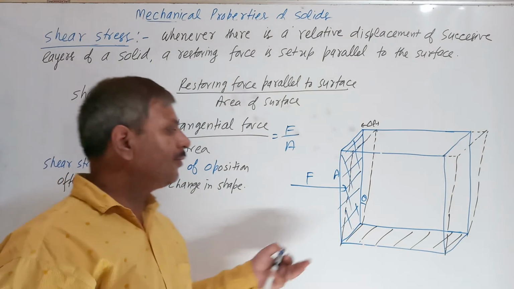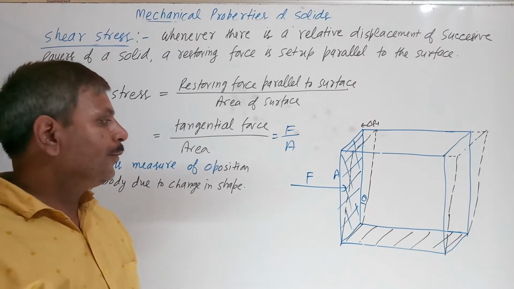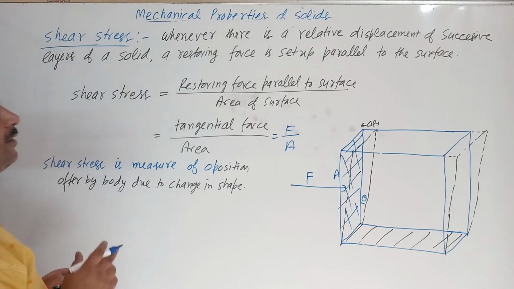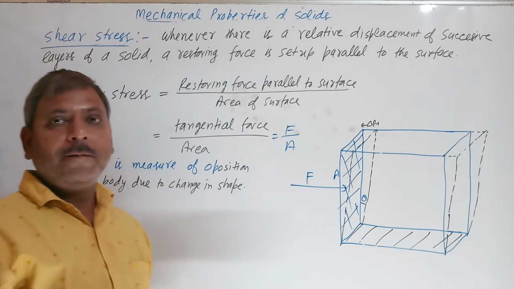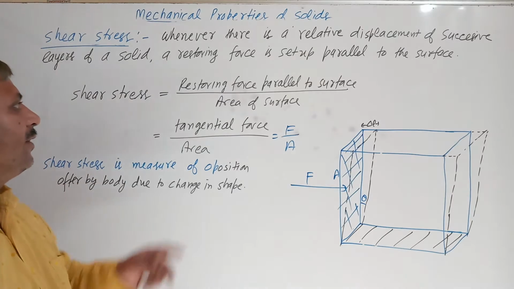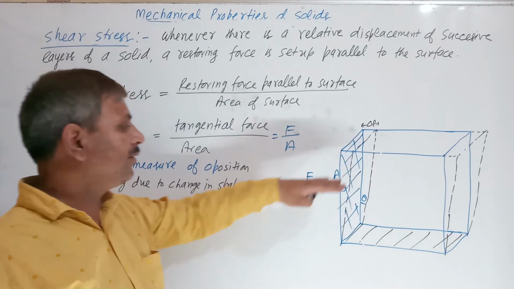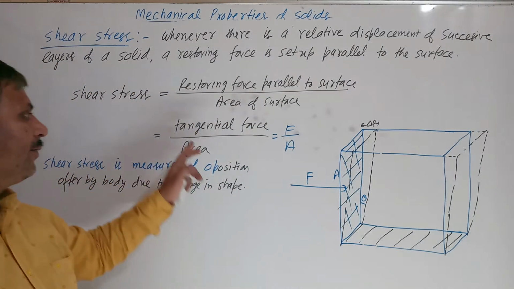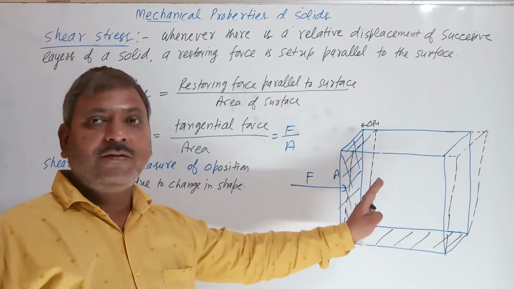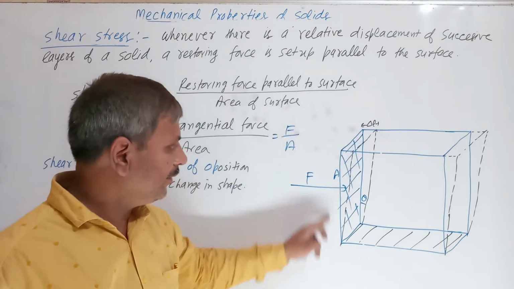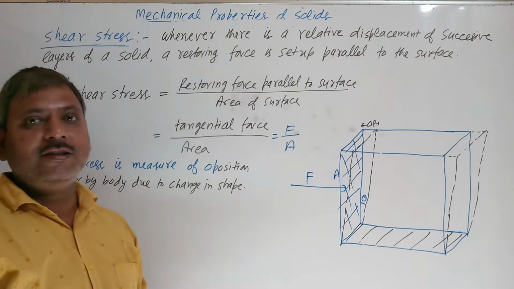Due to shear stress there will be shearing strain. Shear stress is equal to restoring force parallel to the surface upon area of surface, or tangential force F applied for the change of shape, upon the area A. F upon A is known as shear stress.